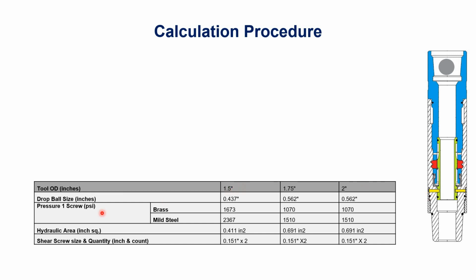This table is the technical data sheet which is given by the manufacturer and depends upon the model of the hydraulic disconnect. So the first step involved in the calculation is that we have to calculate the total shear force of the shear screws. We have discussed that there are shear screws installed in the hydraulic disconnect.